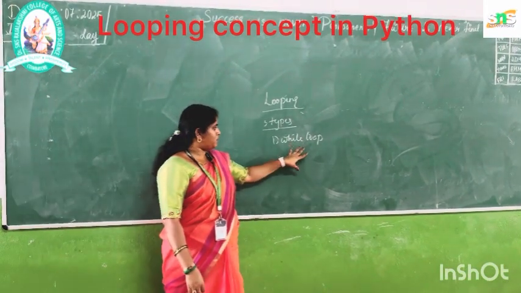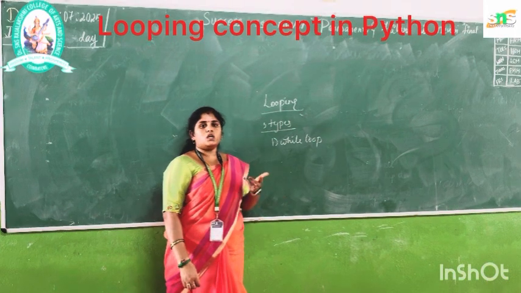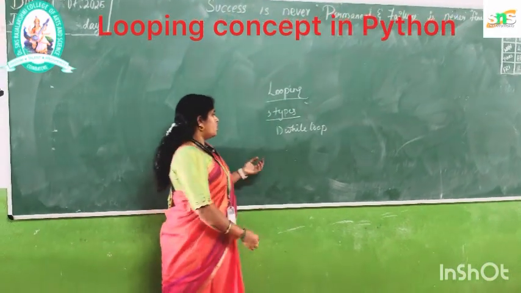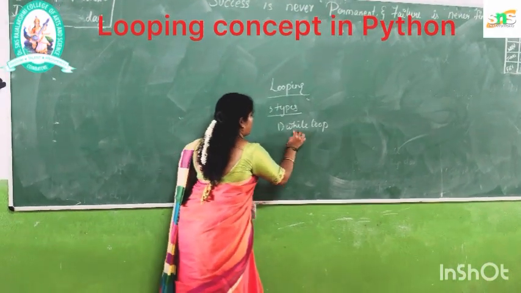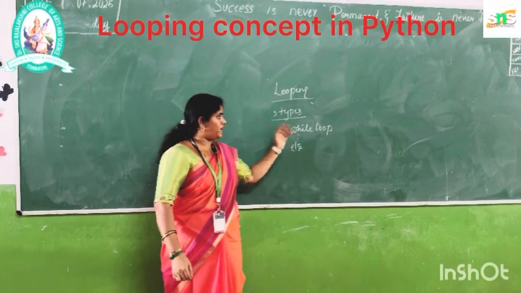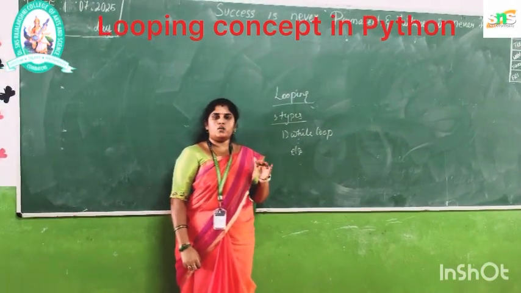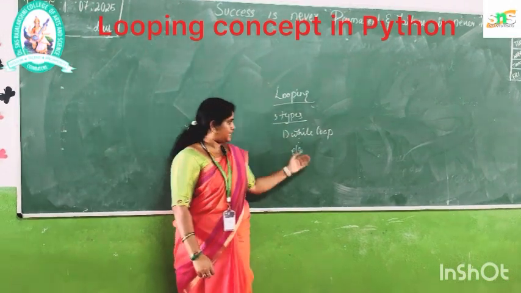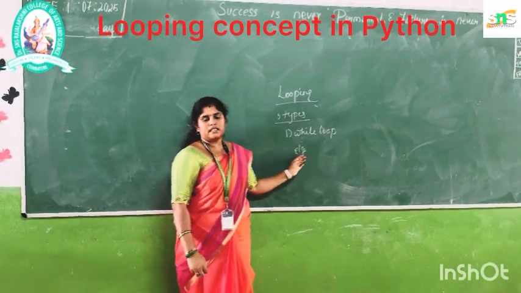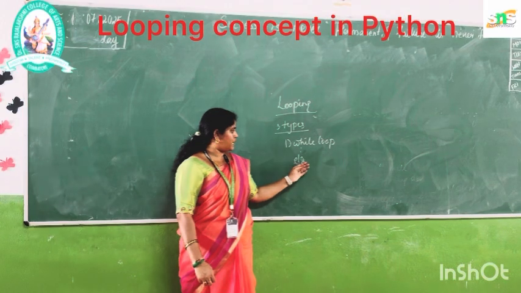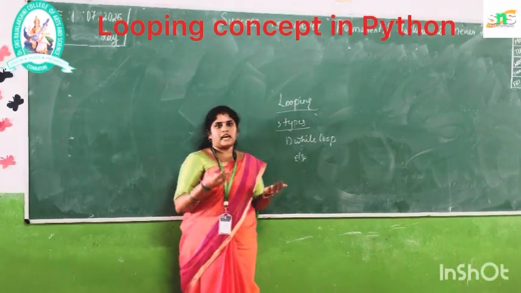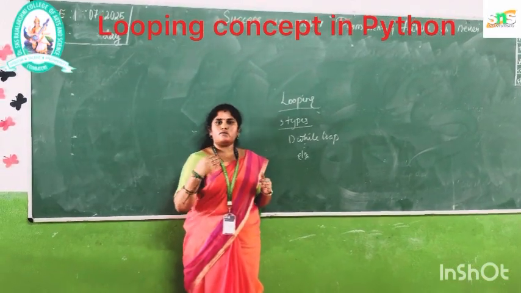In the while statement, we may include the else concept. What is the purpose of including the else part? In some cases the condition may be false, and at that time we need to decide what is to be executed. That place is where we may include the else part. If the condition is satisfied, the statements will be executed.